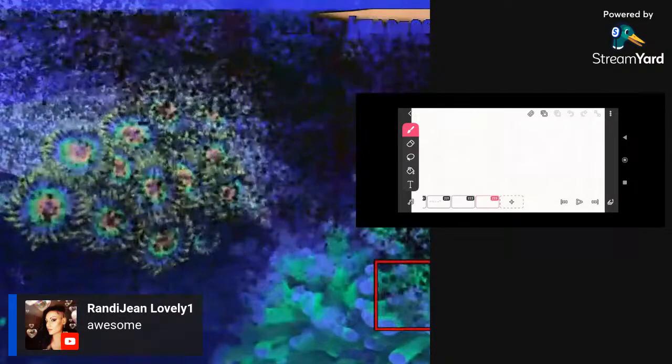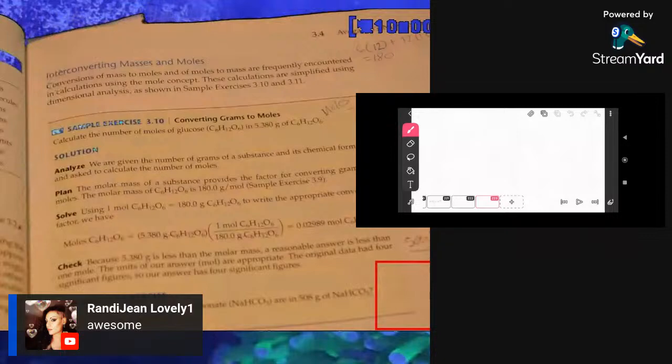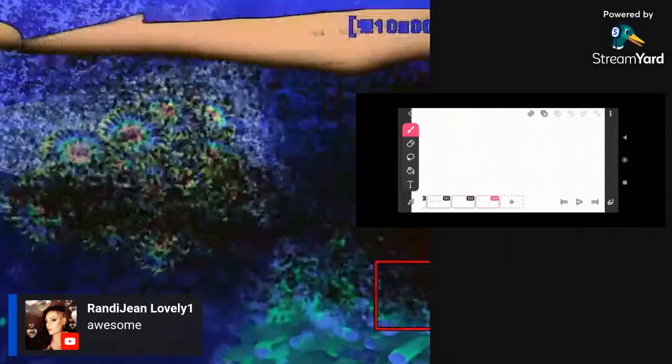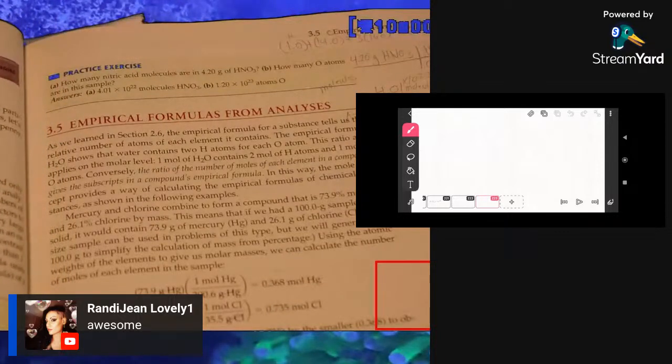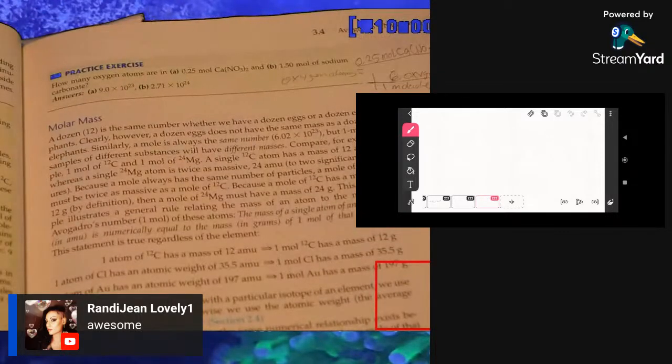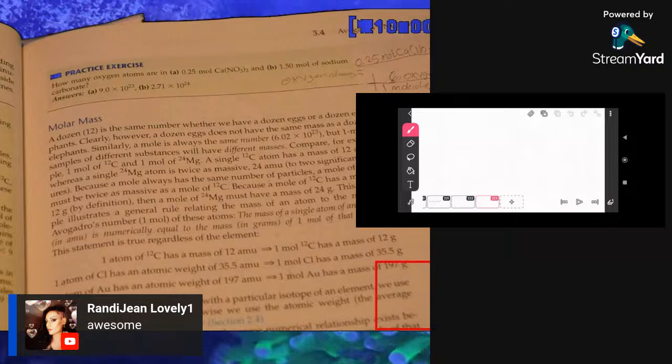First, let's see how far I have to go before this chapter ends. There's a lot of math in this chapter. All right. So anyway, let's do this problem. Now you guys can see what I'm doing.